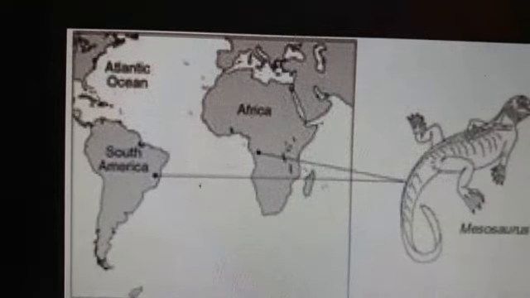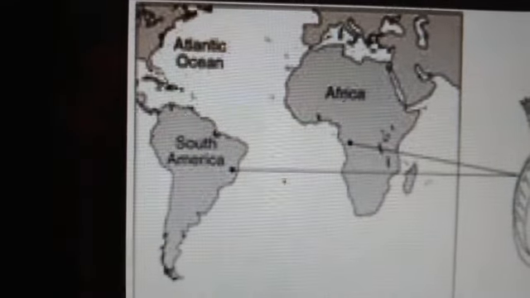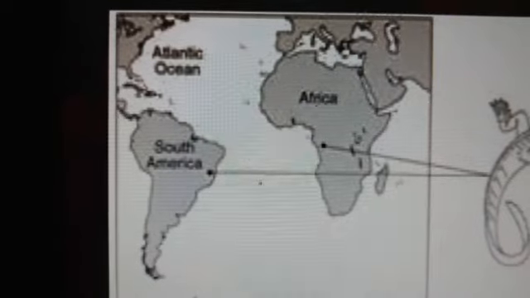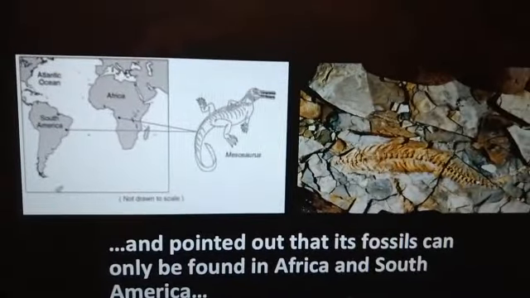The suggestion is that those two continents must have been together during the time of Mesosaurus. Otherwise, they couldn't have swum across a saltwater ocean, because again, they were a freshwater animal. And those are the only places you can find a Mesosaurus fossil.